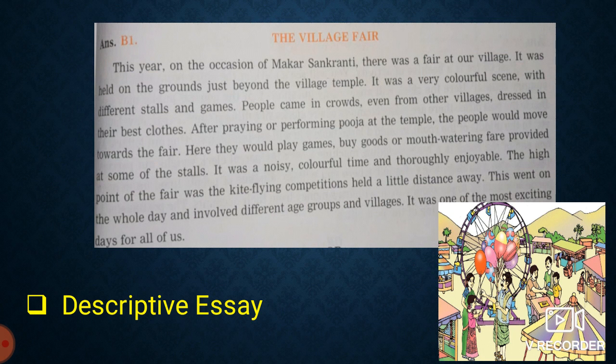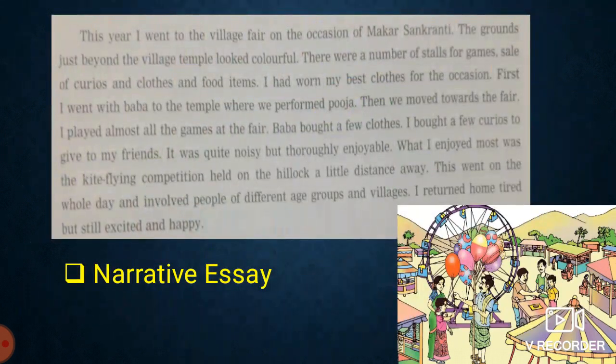How you are able to write. Here we go. In a narrative form: this year I went to the village fair on the occasion of Makar Sankranti. Here "I" is used, first person, and you can use characters, plot, setting, all those things.